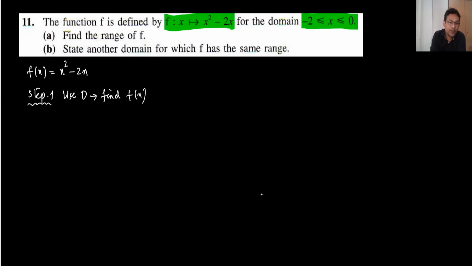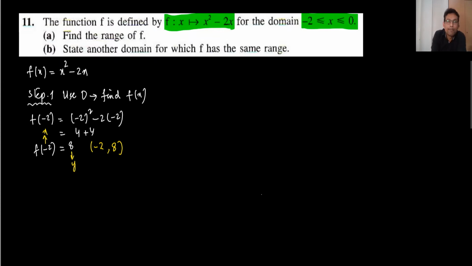The first f(x) is coming from minus 2: minus 2 squared, and minus 2 is here, 4 plus 4 is 8. So the coordinates are minus 2 comma 8, because this is x and this is the value of y.